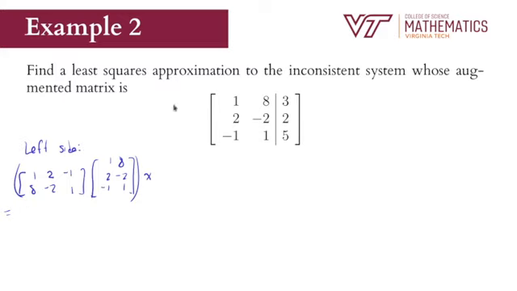Once again, we'll apply the column row rule. And the columns and the rows we get always match up. It's 1, 8 times 1, 8. And then the column 2, negative 2 times the row 2, negative 2. And finally, the column negative 1, 1 times the row negative 1, 1.